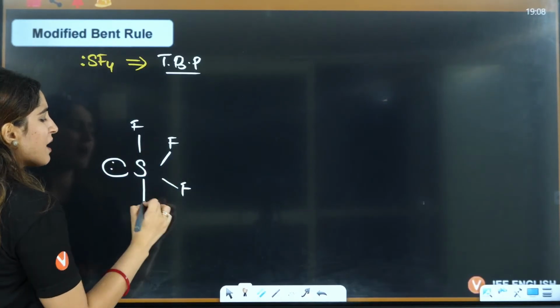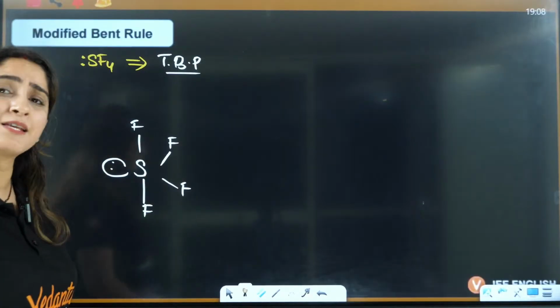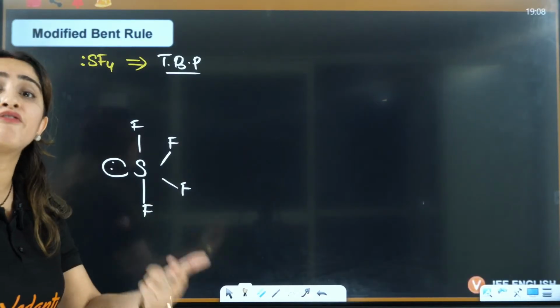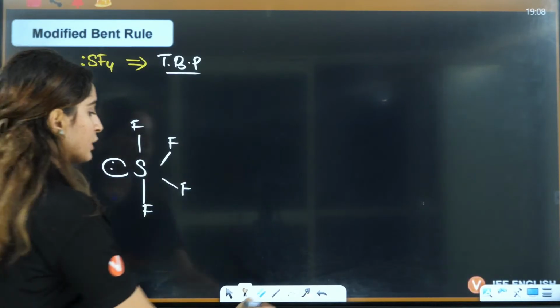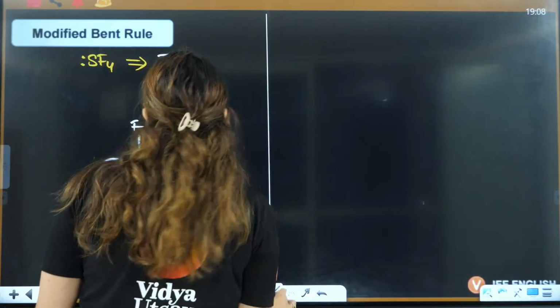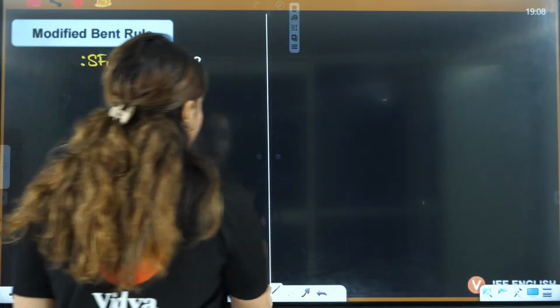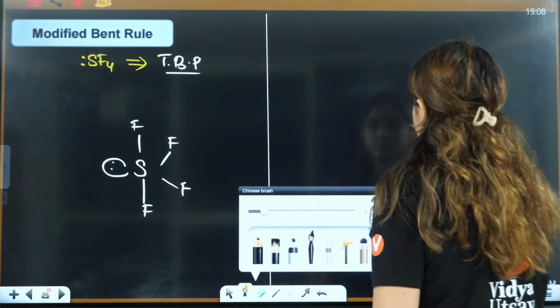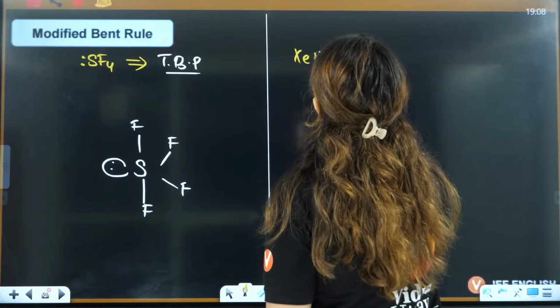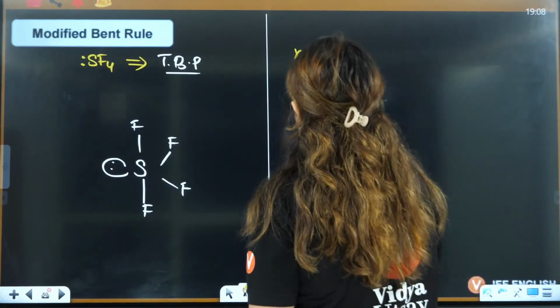Now you will say, ma'am, this is the same as the simple Bent's rule. Why are you saying modified Bent's rule? I'll explain this with the help of one more question, that is XeF5 negative.